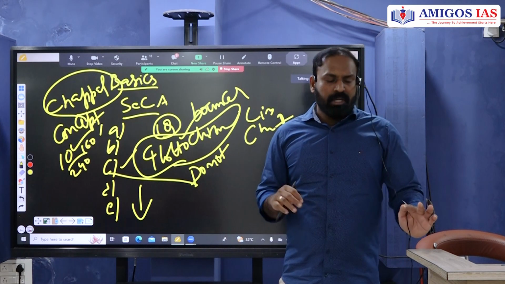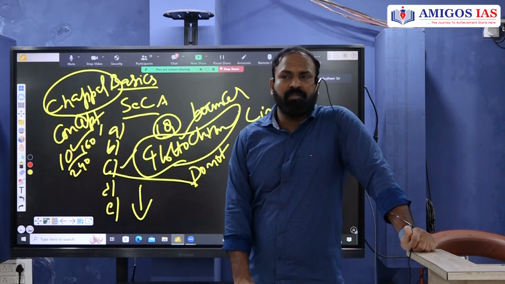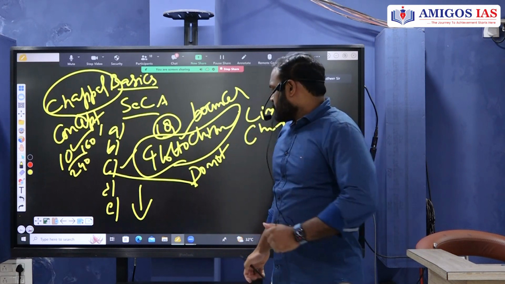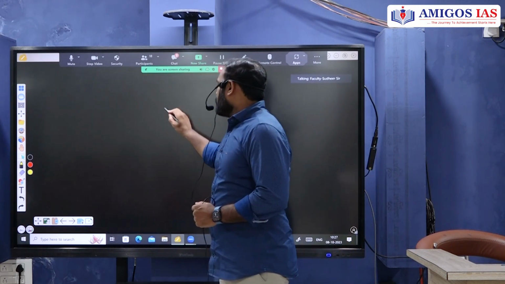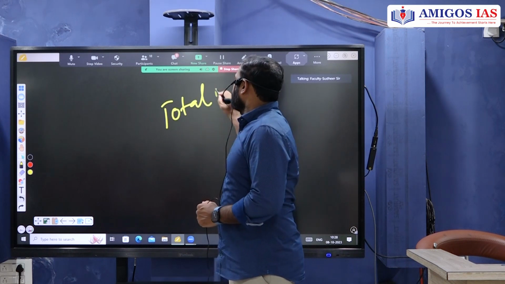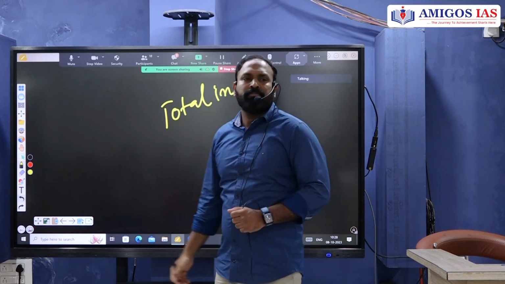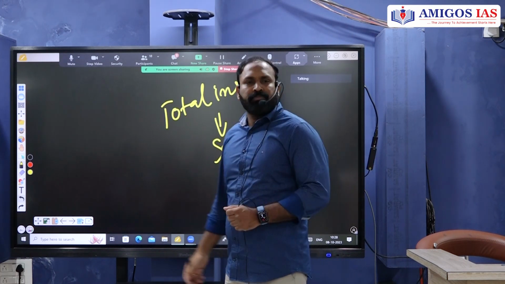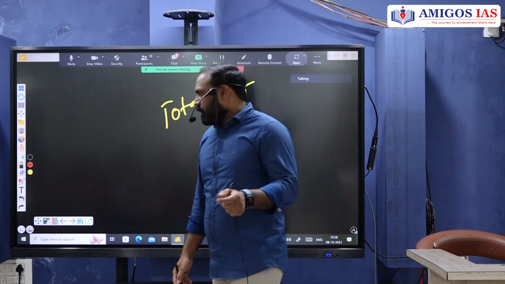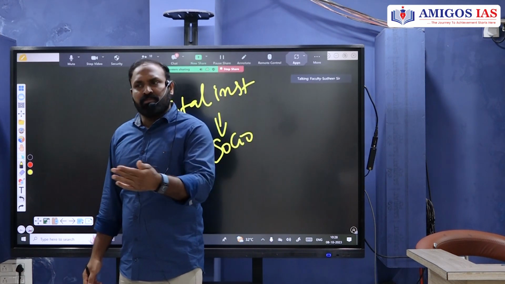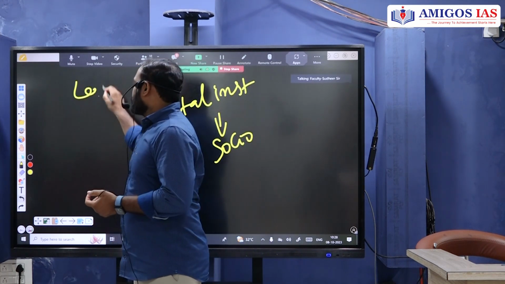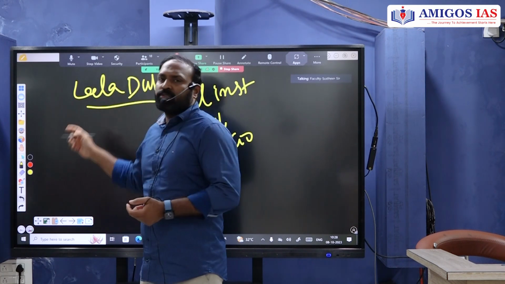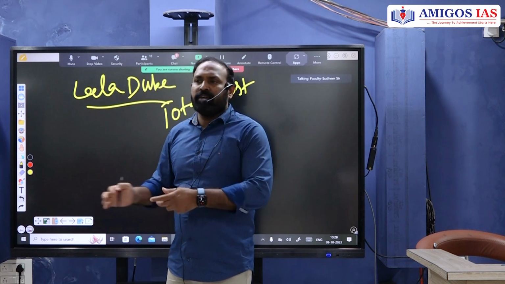And the question is, can we teach all those miscellaneous topics in the class? Impossible. Literally impossible. In one of the years, the examiner asked about total institutions. This topic is from sociology. And of late, he is asking about some scholars from sociology. For example, Leela Dubey is not an Indian anthropologist, though she is an Indian.